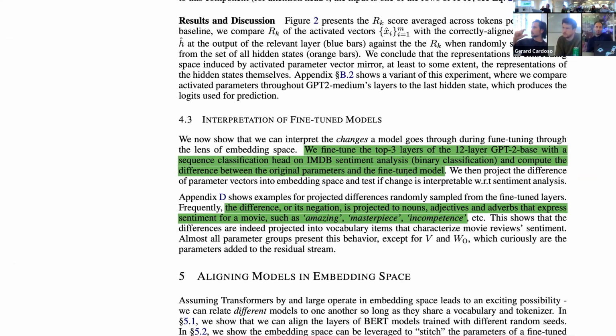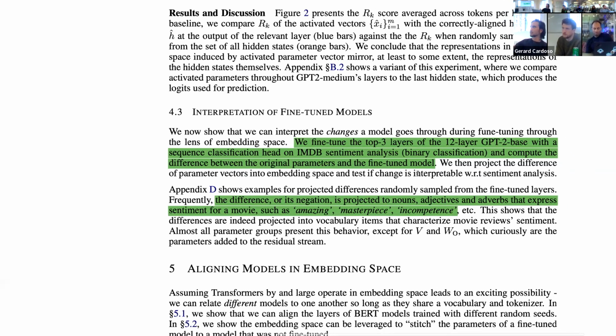They take the top 3 layers and apply a sequence classification on IMDb, basically sentiment, positive or negative sentiment on IMDb reviews. Then they look at the difference between the original parameters and the fine-tuned model in those 3 layers.